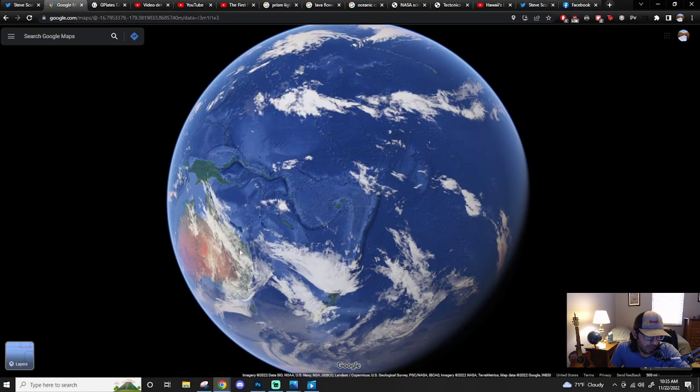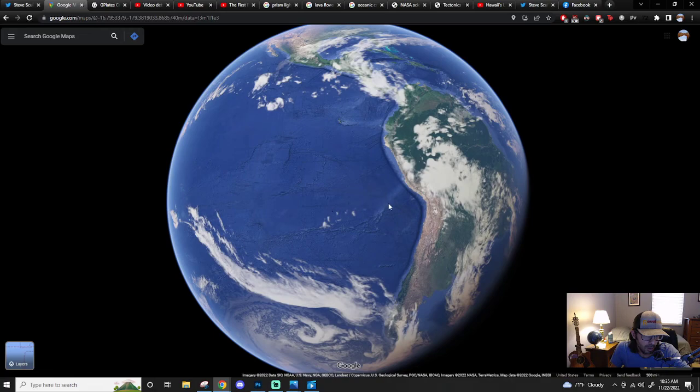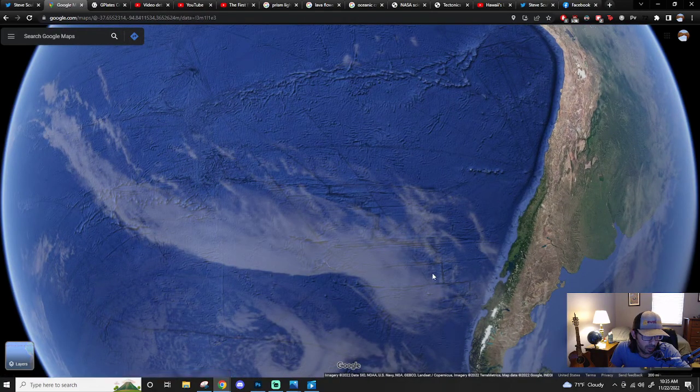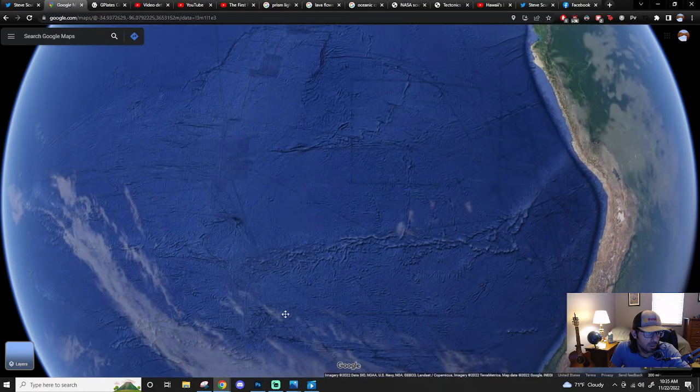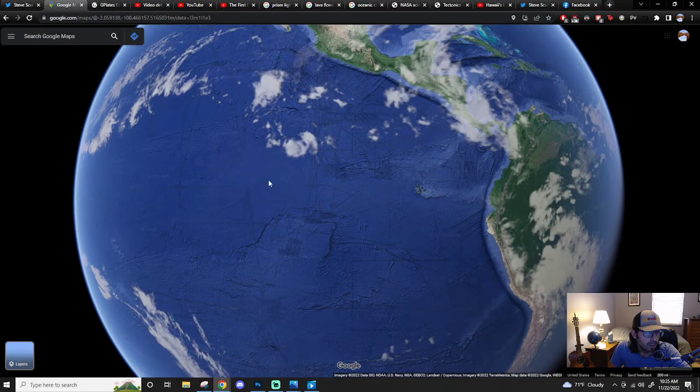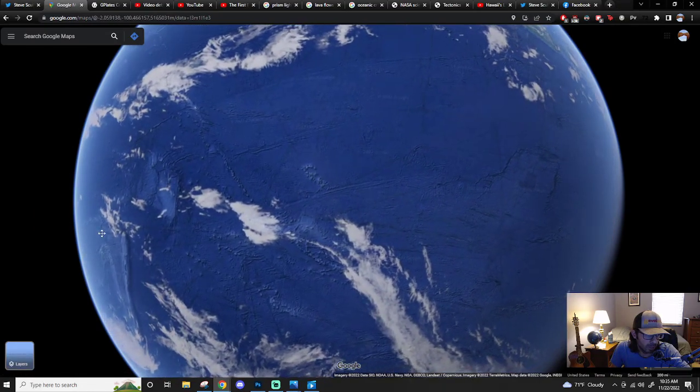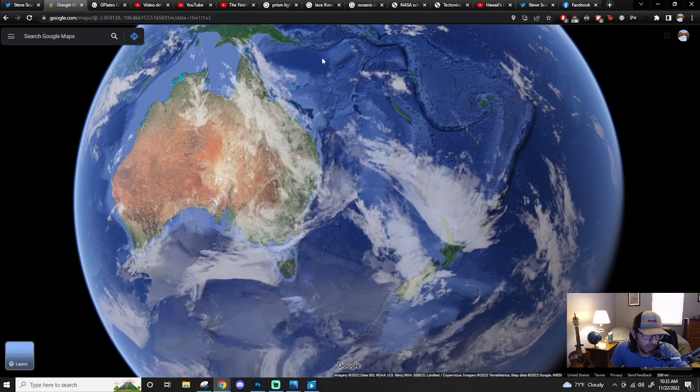So this region is forming here, generally, between South America and Australia. Australia goes down to here from Papua New Guinea, from here to here.